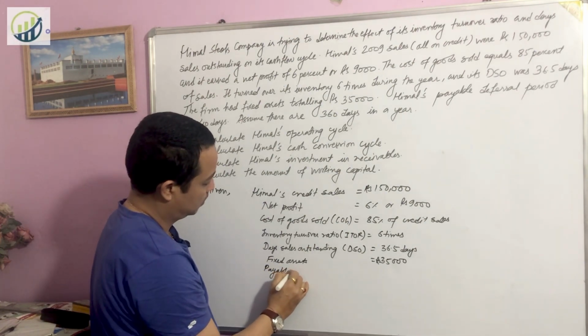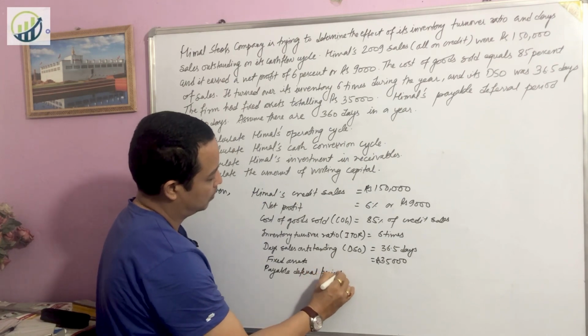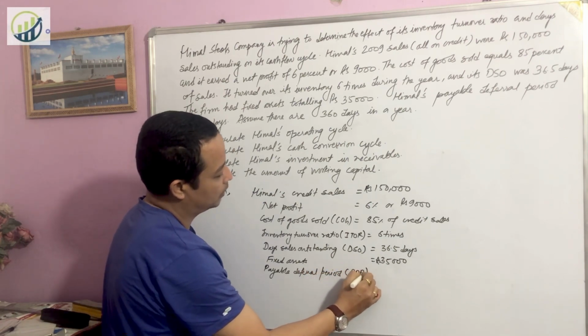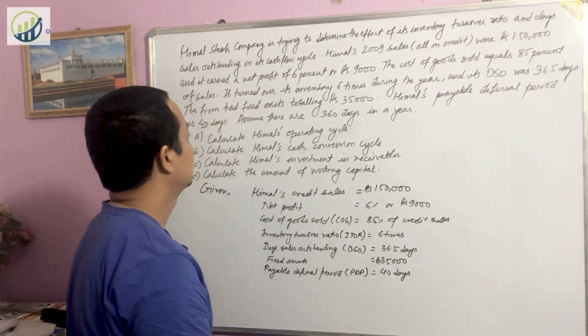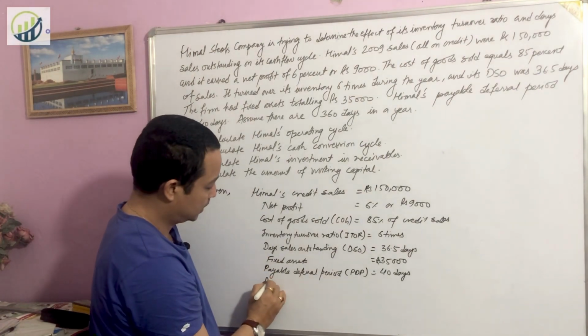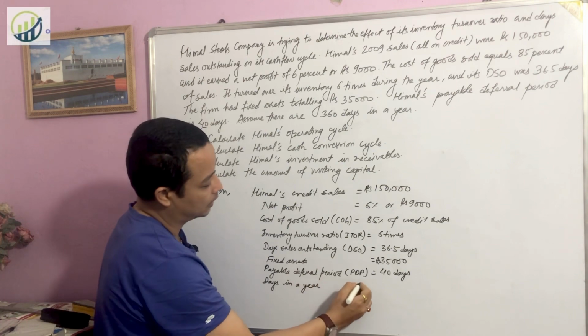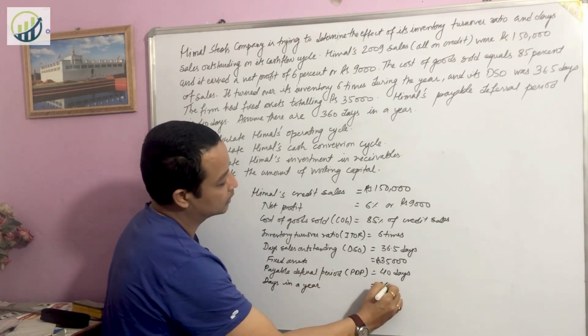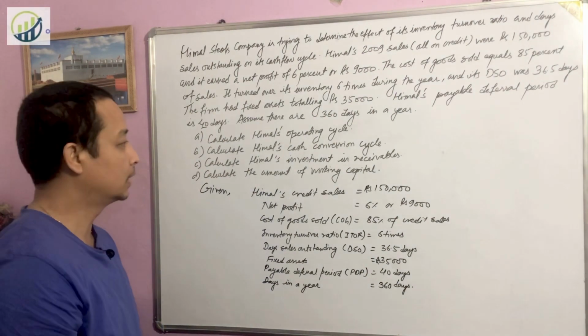Payable deferral period is 40 days. Again, assume 360 days in a year. So these are the information given here.